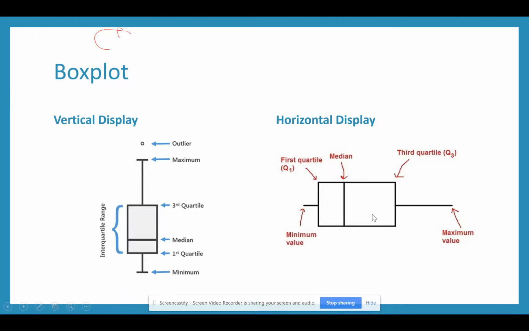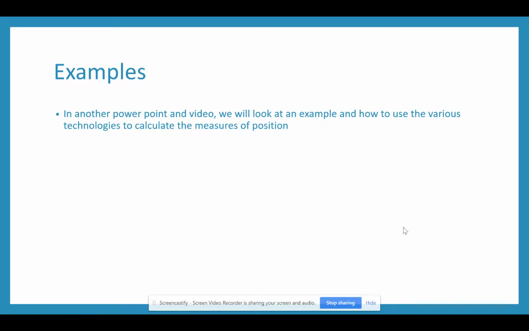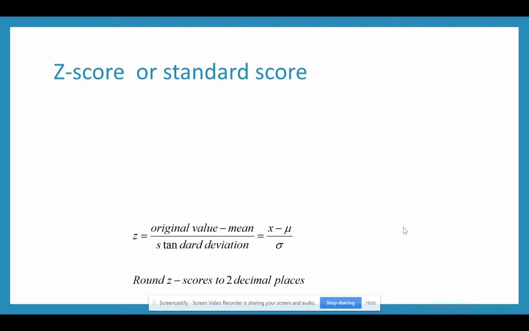The size doesn't matter. There is always 25% within that region from minimum to first quartile and so forth. We'll look at how to create a box plot a little bit later in some of our practice problems. We're going to do that in another video because we're going to let the technology help us to do that.